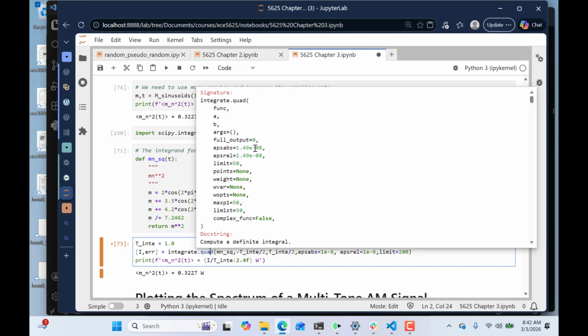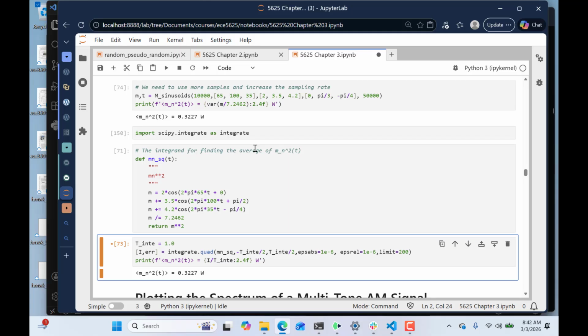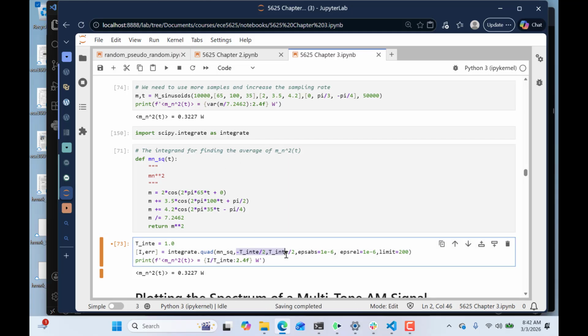So just be wary that I picked a really simple case, and it worked really, really well, but I had to set attributes in the function, and then I set the integration limits in there too. So you can see that I'm integrating over 1 second, but I'm setting a lower limit and an upper limit in there.